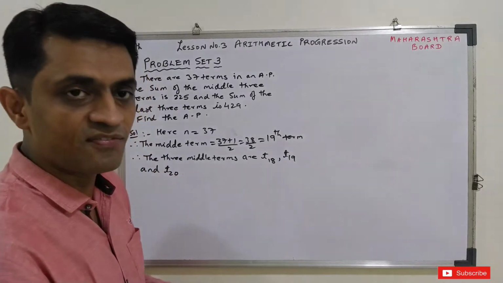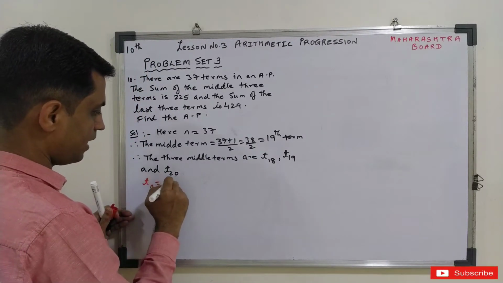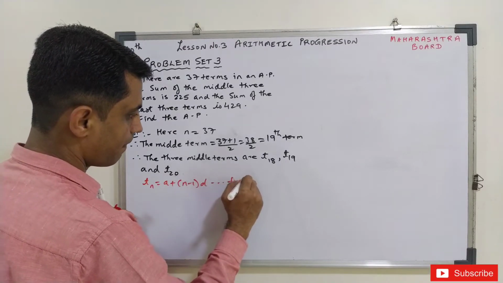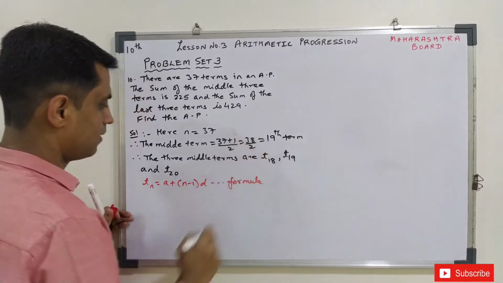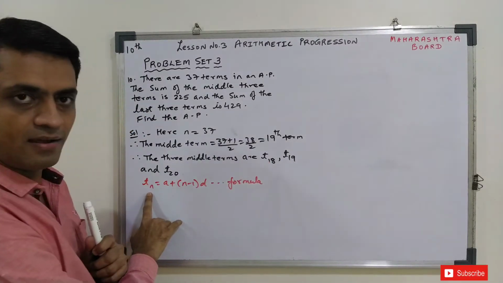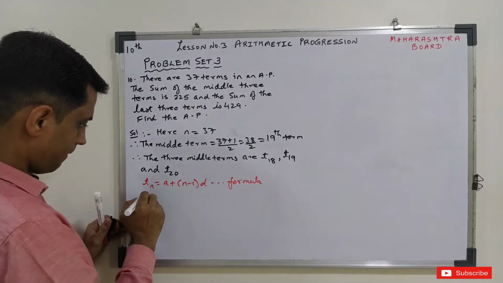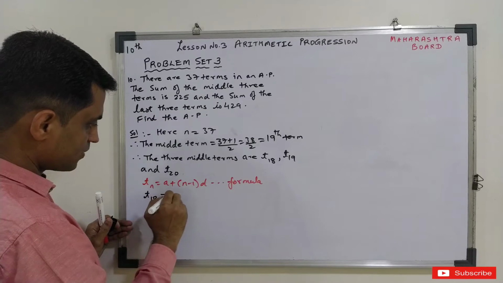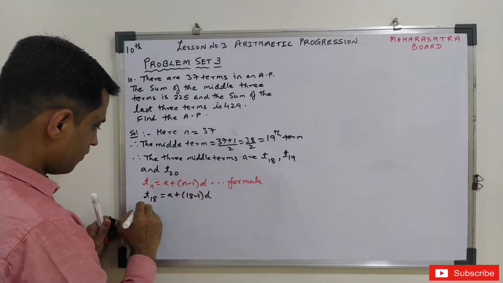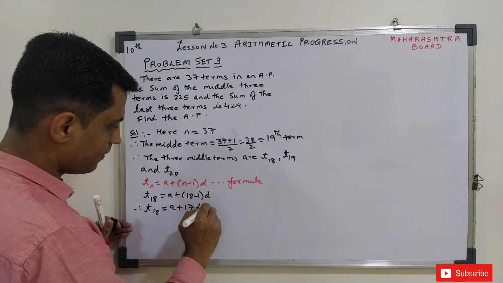Now we are going to use that formula, the Tn formula. So Tn is equal to A plus n minus 1 into D. This is our formula. So now students, we will find T18 here. T18 is what? A plus 18 minus 1 into D. So T18 you will get A plus 17D.